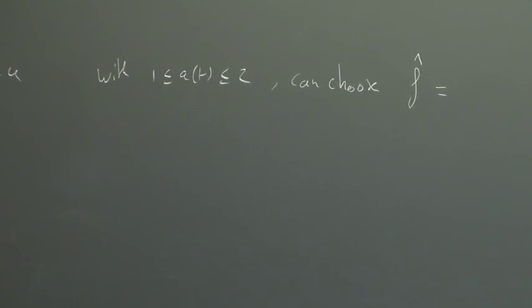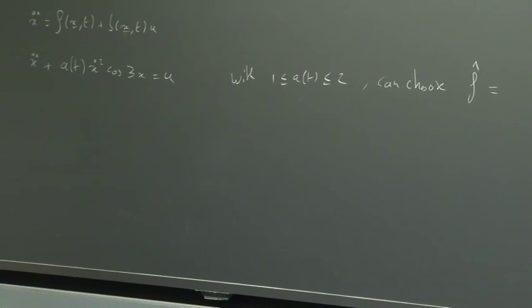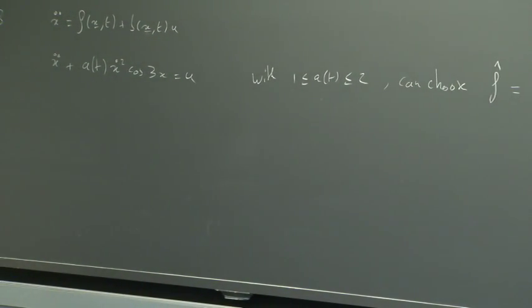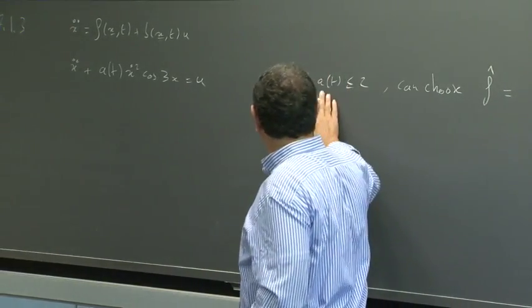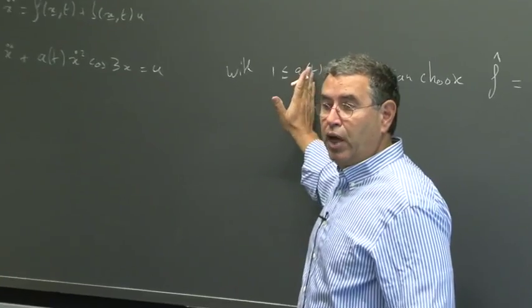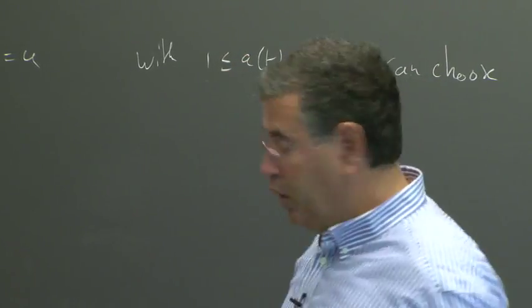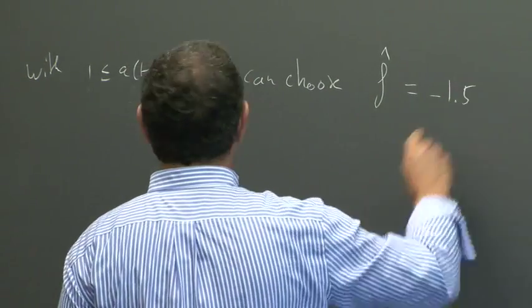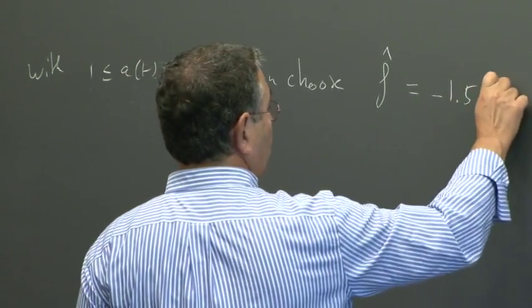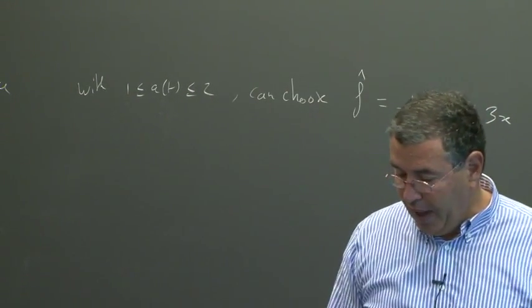You could choose f hat equals 0 if you want, or f hat equals minus 10. It's your choice. But how can you choose f hat so that it's a reasonable choice? You could pick the value that corresponds to a being in the middle of its two bounds. So f hat would be minus, because we put it on the right-hand side, 1.5 x dot square cosine 3x.